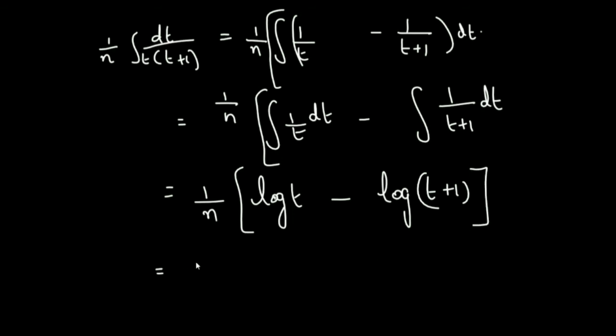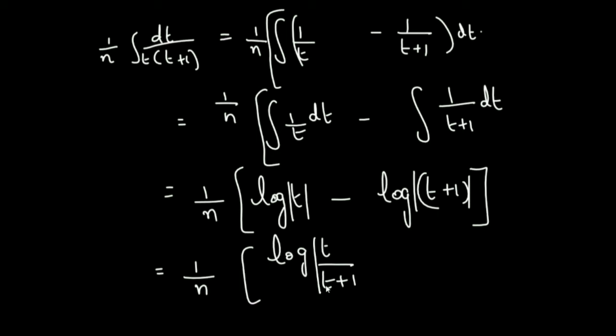So that is equal to 1 by n. Use the quotient rule. Log t by, you can put the modulus sign here, log t by t plus 1 plus c. Substitute for t. T is x power n.